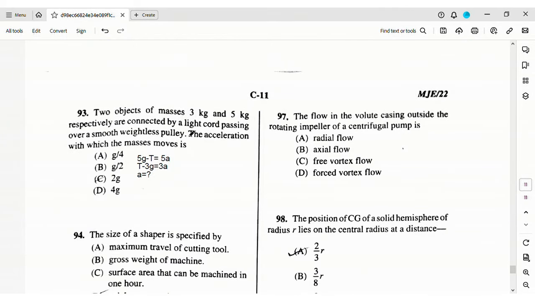Two objects of masses 3 kg and 5 kg respectively are connected by a light cord passing over a smooth weightless pulley. The acceleration with which the masses move is? Here we can see the figure, 5 kg and 3 kg. Tension is applied here and here. Initially, we assume that acceleration acts in this direction.